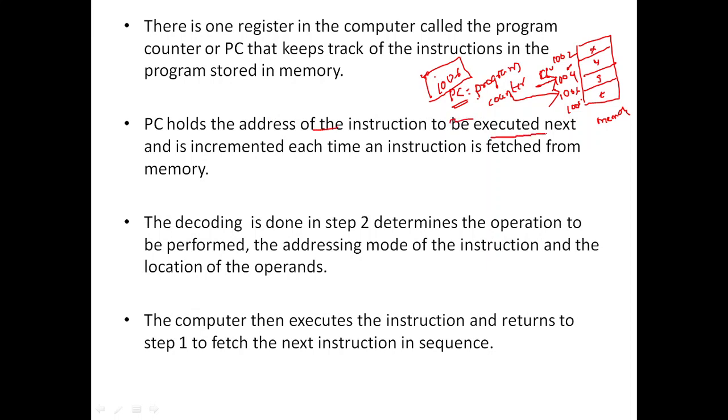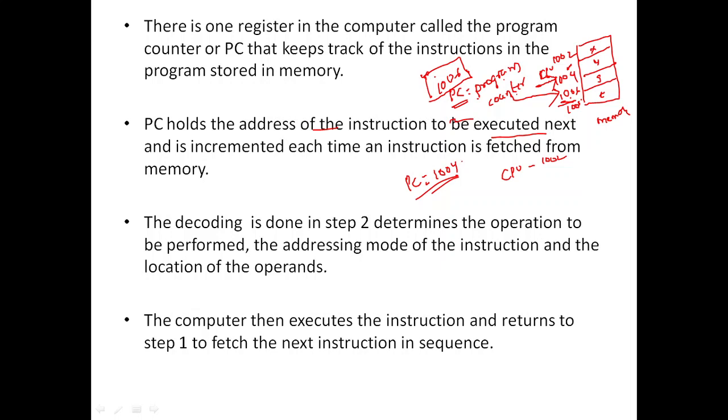The next instruction's address is loaded in the program counter, so the CPU need not check which instruction to execute. For the CPU executing 1002, the program counter is going to hold 1004. Why? Because after 1002, the 1004 instruction needs to be executed. So the PC maintains the address of the next instruction.